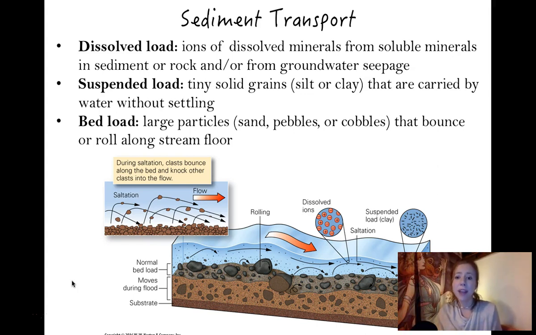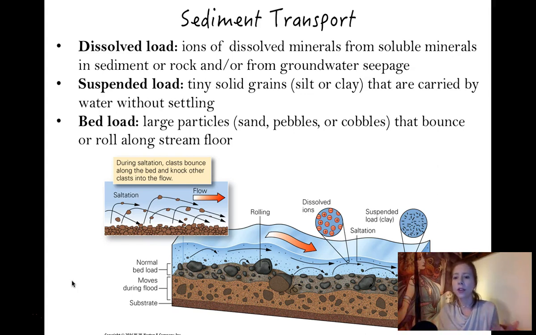Then you have a suspended load, so these are tiny solid grains. Remember our finer textured particles like silt or clay, they're smaller, they're finer, so they stay suspended in water for longer, so they're carried by water without settling down, especially when water's in motion.